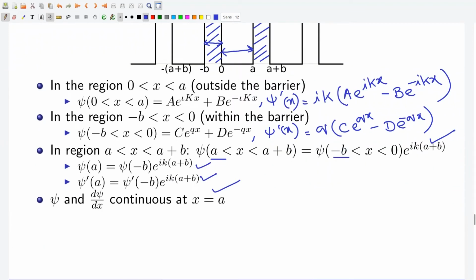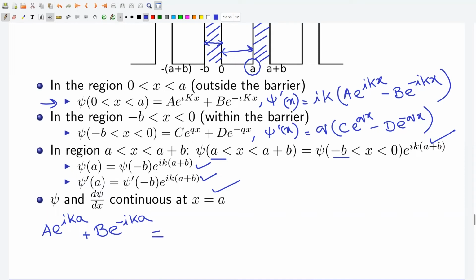Now, we have to equate the wave function at x equal to a. So, we put x equal to a in this equation and write the left hand side as A e power ika plus B e power minus ika.